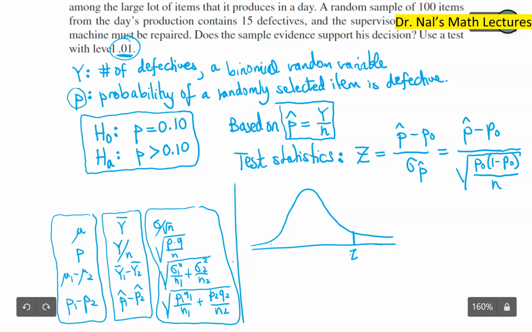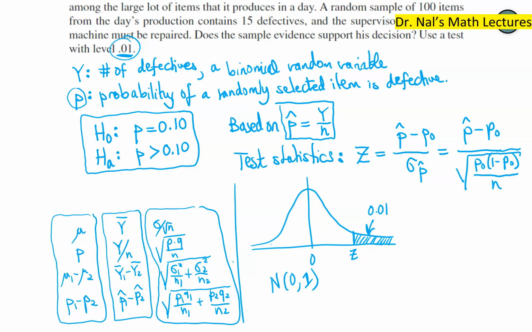We want to find that z critical value for which the area above z, for a standard normal variable where the mean is 0 and the standard deviation is 1, is 0.01. You can use the NORM.S.INV function in Excel, and the critical value comes out as 2.33. All right, very straightforward.